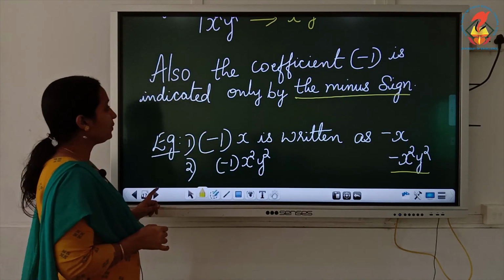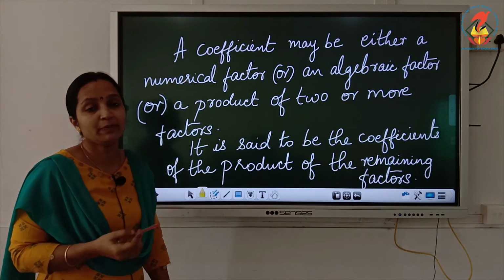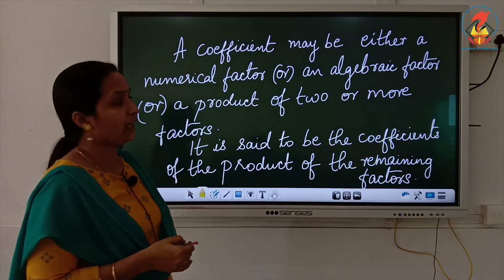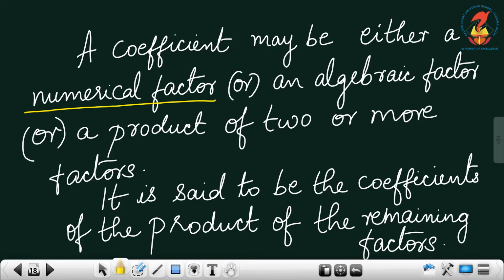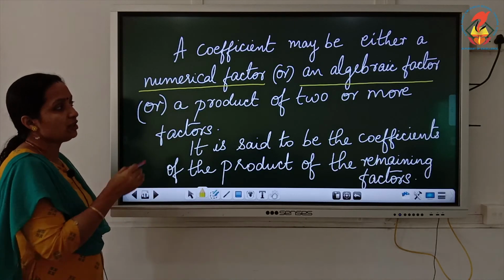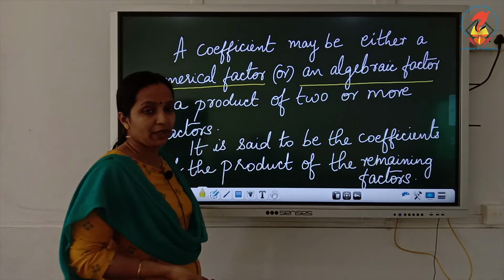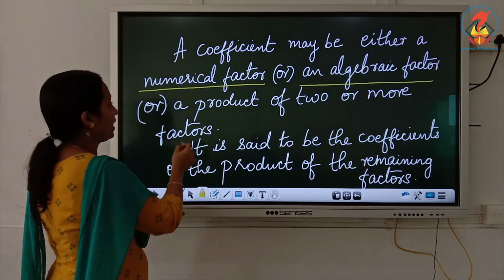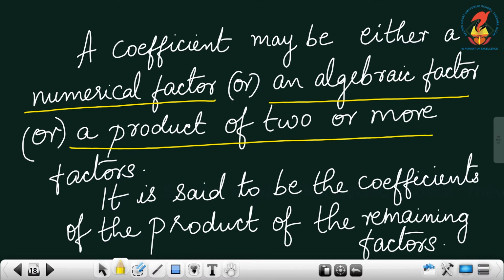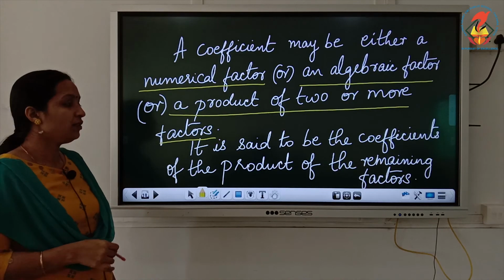And in general we can say a coefficient may be either a numerical factor or an algebraic factor, or a product of two or more factors.